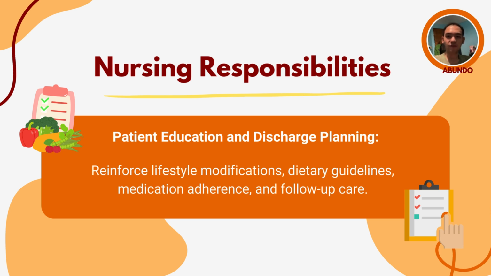Patients should also be informed about the importance of hydration, recognizing signs of infection, and following up with outpatient care. Proper discharge planning supports long-term recovery and helps reduce the risk of hospital readmission.